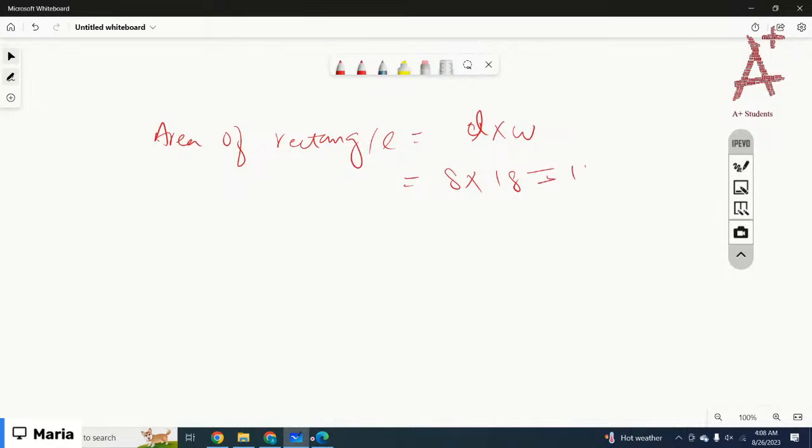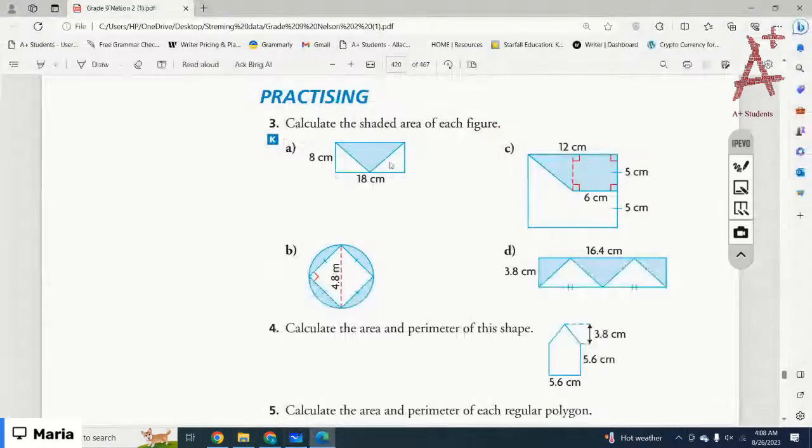Okay, that is the area of the whole figure. You now have to subtract the area of the two right triangles, this one and this one.